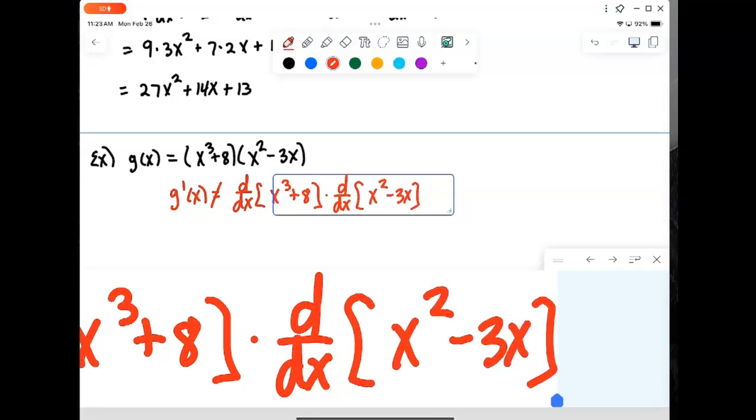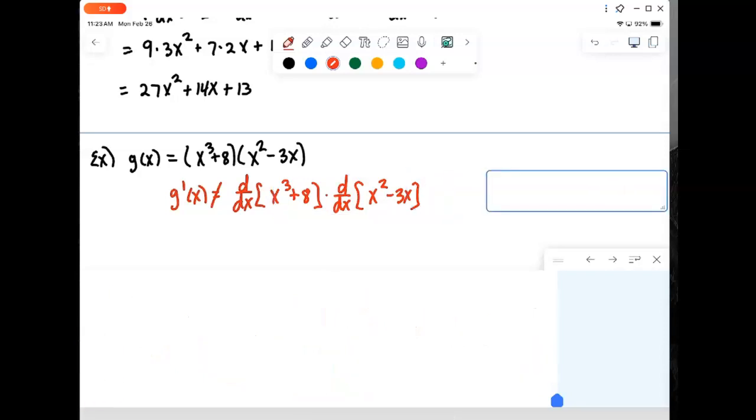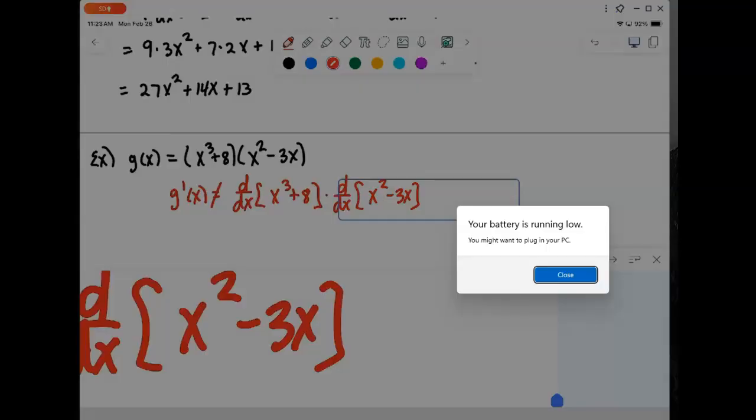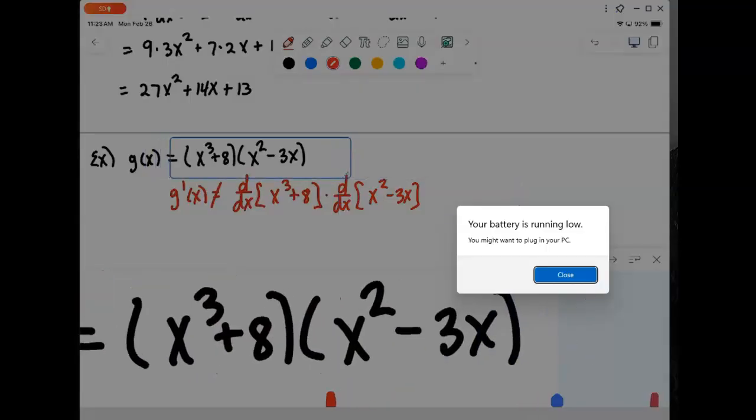That does not work. If you did do that, we can still do the derivative of the first times the derivative of the second, but I want to show you it's not equal to that.